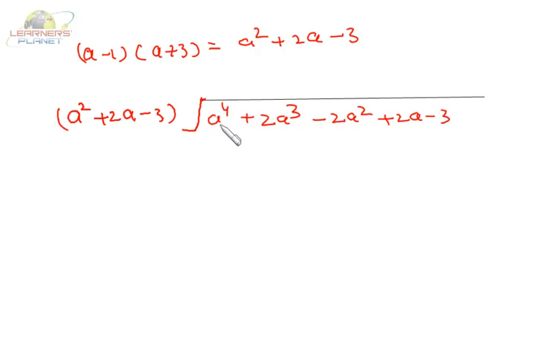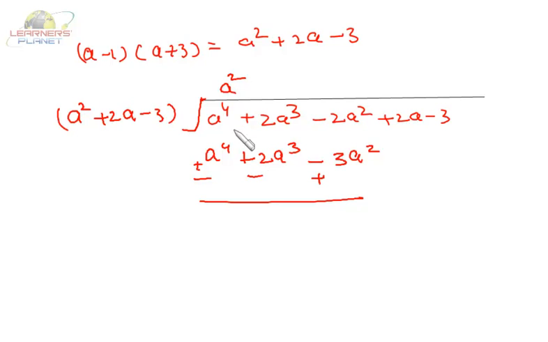To get a4, we have to multiply this by a square. So a square into a square, a4, and then a square into 2a will be 2a cube. Then a square into minus 3 will be minus 3a square. Now let's deduct it. So it will be cancelled and this will be cancelled, and we are left with a square plus 2a minus 3.